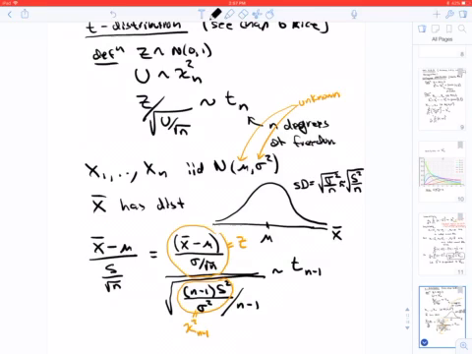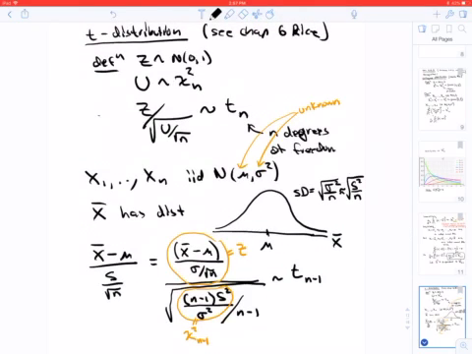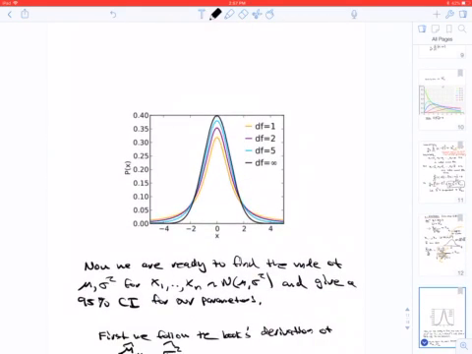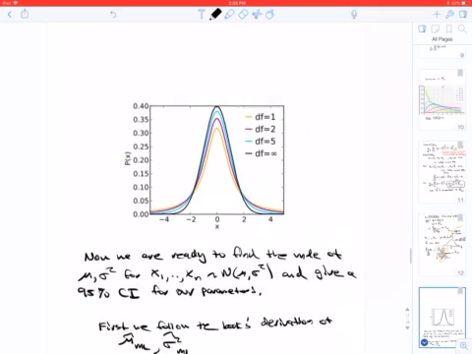Because if you rewrite it, you can see that x bar minus mu over s over square root of n is exactly in this form. So it's a t with n minus 1 degrees of freedom, which looks like the normal distribution.